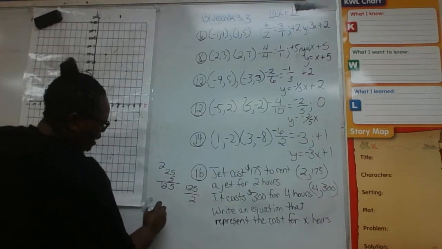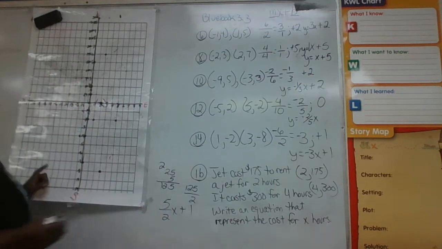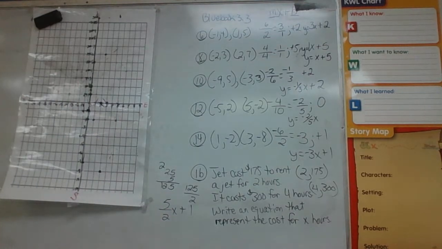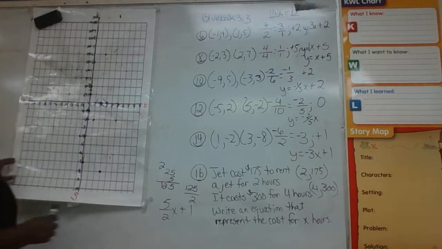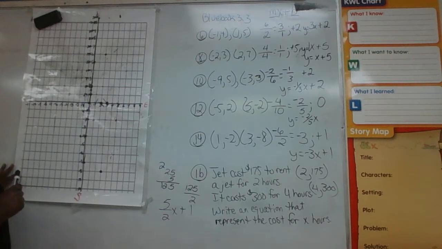So then we can make it 5 over 2 x plus 1, or we can make it accordingly to the equation in number 16. They went ahead and simplified the 125.